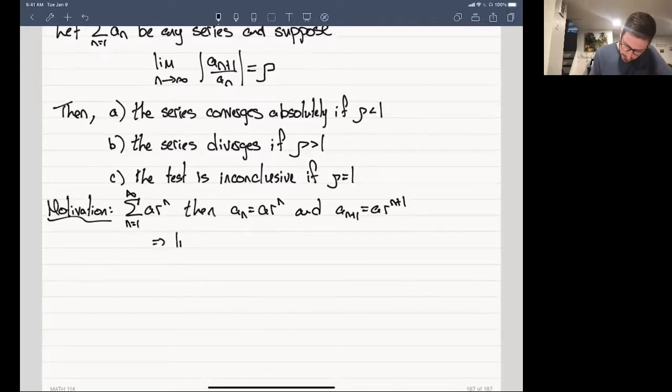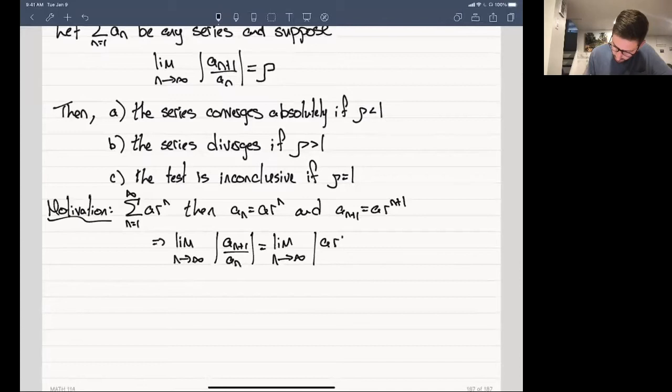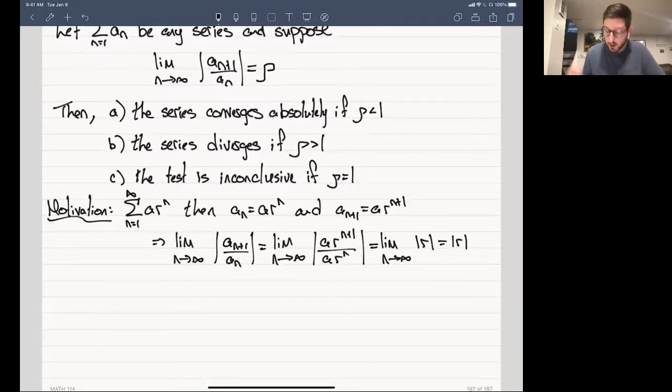If we do the ratio test on this, you can see that your limit is going to be a r to the n plus 1 divided by a r to the n, which is just equal to r, or the absolute value of r.